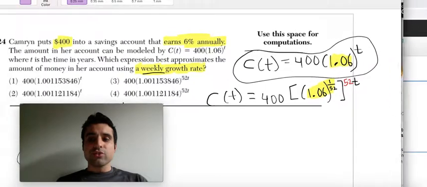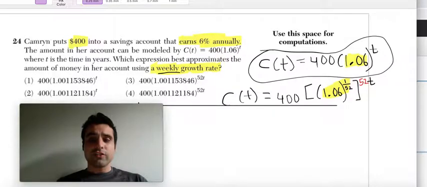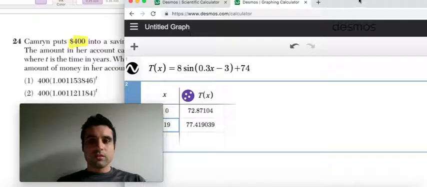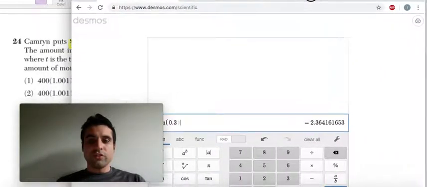And once you get used to that, the process becomes a lot faster, because it's like, okay, I raise to the 1 over 52 each week, and to make up for that, I have to raise it to the 52 power so that, in terms of the number of years, the overall growth factor is still 1.06. Then I'm going to take 1.06 raised to the 1 over 52 power, or the 52nd root.